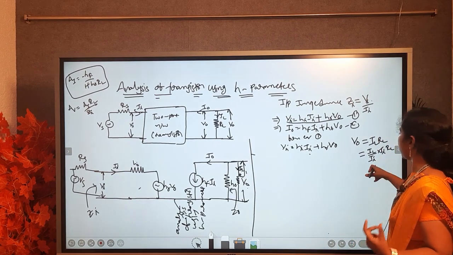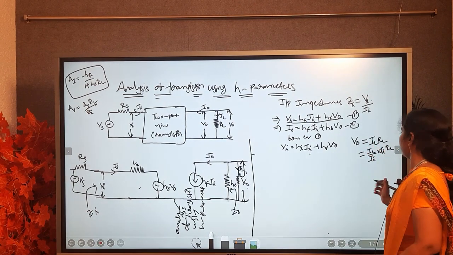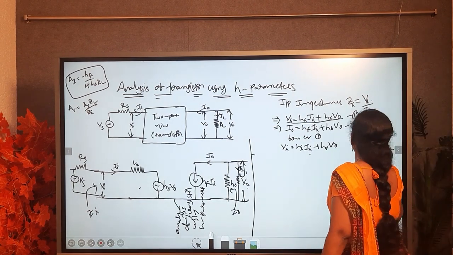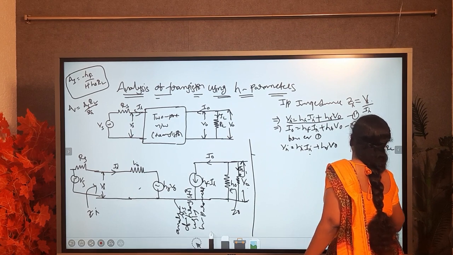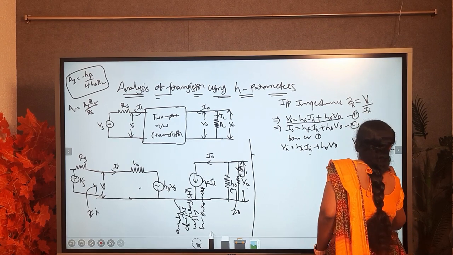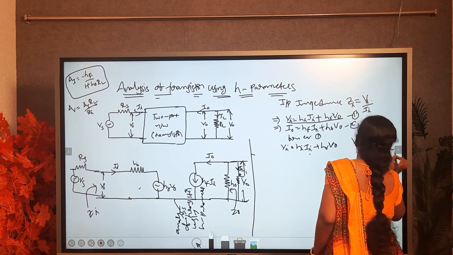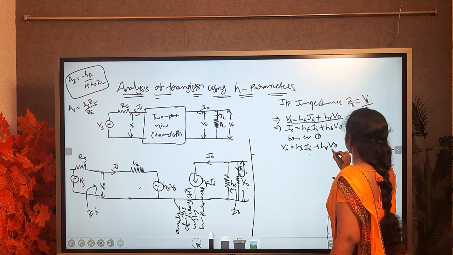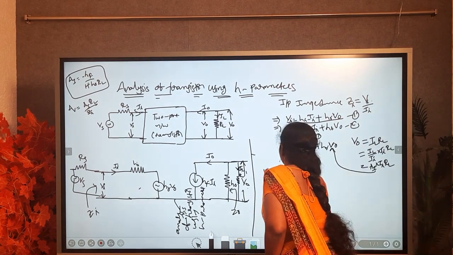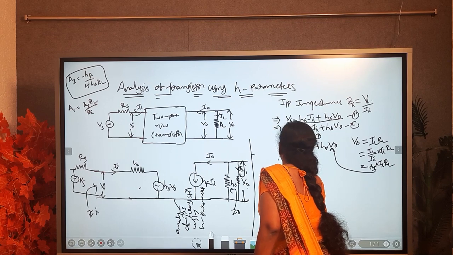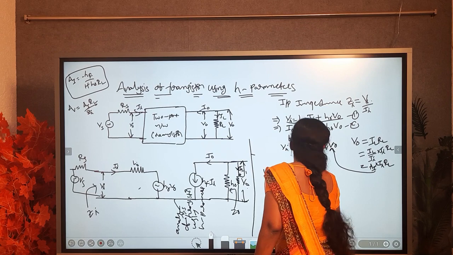So, II cancels. Then what you have to get? IL into RL. So, IL by II can be written as AI, the output current gain, into II into RL. Substitute in this equation. Therefore, you will get Vi equals Hi into Ii plus HR into V naught.